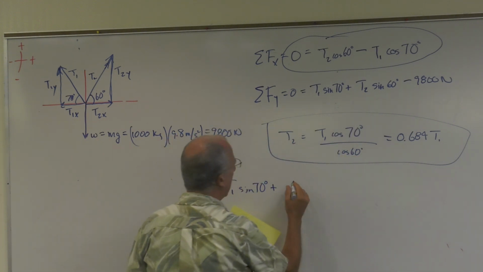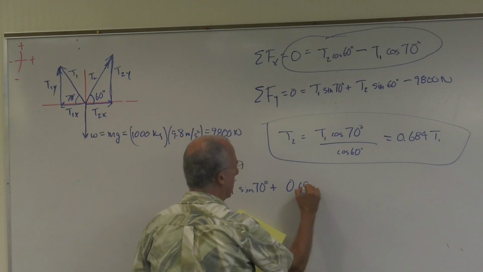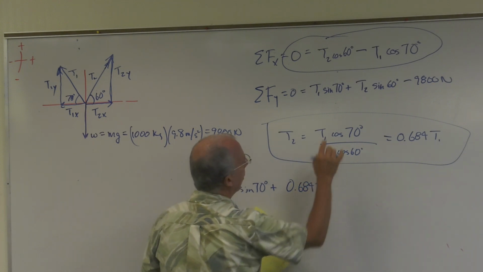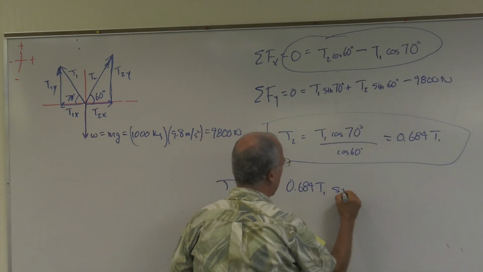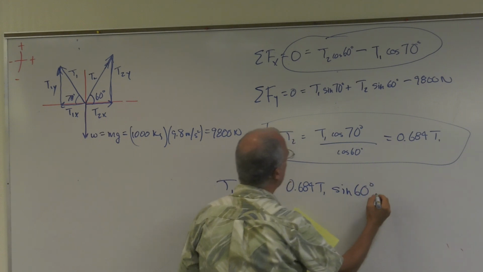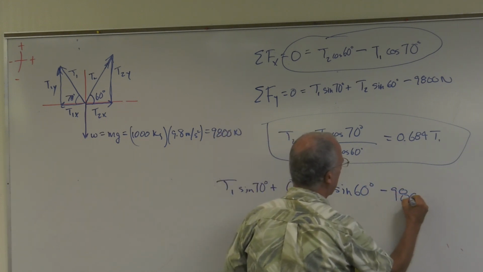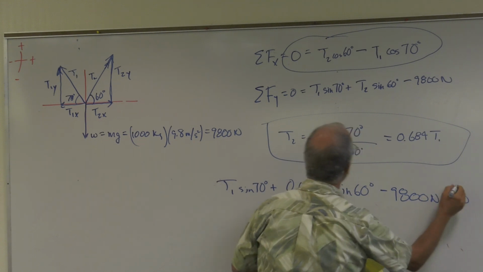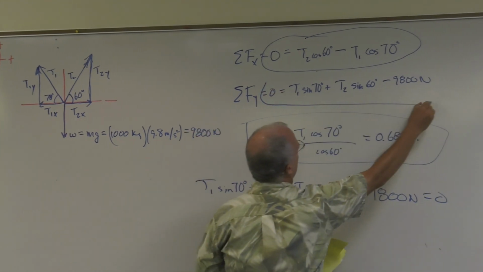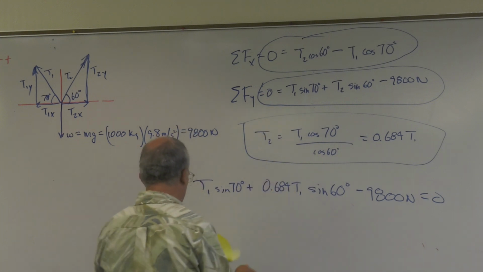T2 is this, plus 0.684 T1 sine 60, minus 9,800 newtons equals 0, right? Just plug it in there.